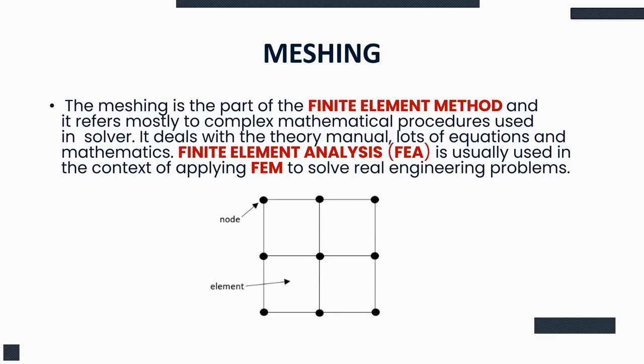Dotted points are the nodes, and two connected nodes form an element. Any engineering problem you have to solve by using FEA. But in FEA you require meshing for discretization of the whole body or whole surface into a small number of elements and nodes.